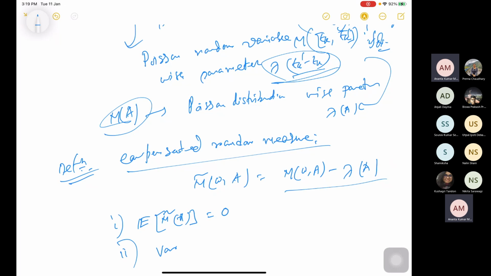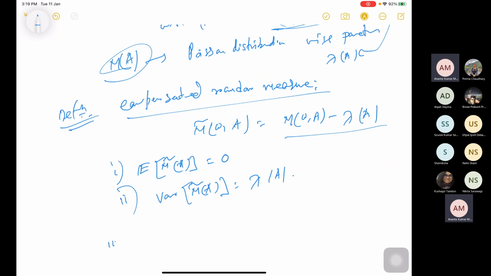Second, the variance of m tilde of A is nothing but the variance of m of A, and you can check that this is lambda times mod A. Another important property is that it is neither integer valued nor positive, the same thing we talked about for the compensated Poisson process.